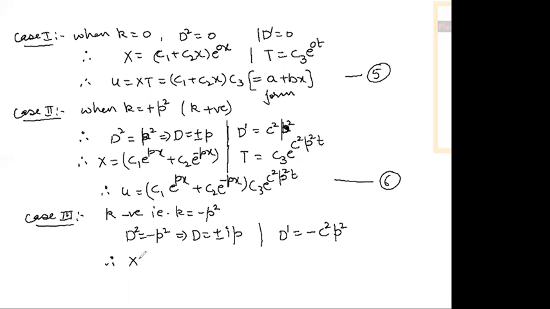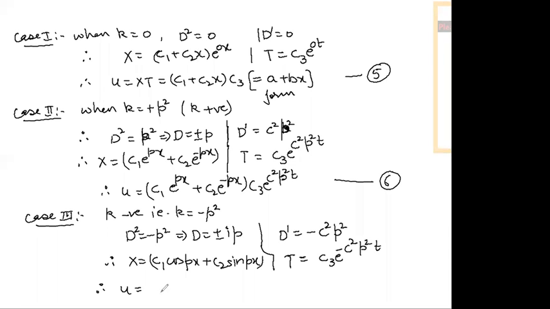Therefore capital X is c1 cos px plus c2 sin px, and here capital T would be c3 e to the power minus c square p square t.